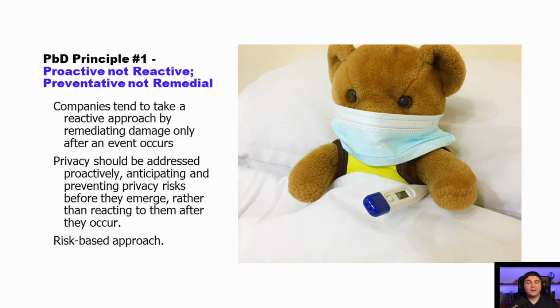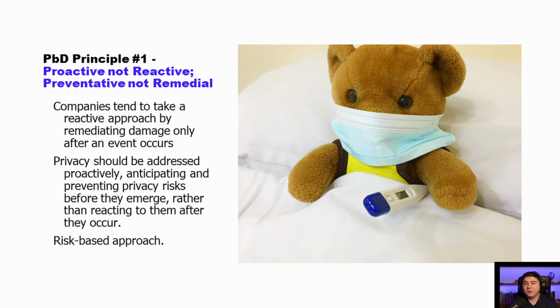First principle is being proactive, not reactive, preventative, not remedial. Quite frequently, companies tend to take an approach which is reactive. They react after something happens. When the damage is done and a specific event occurs, they will take action. This is quite common, unfortunately.